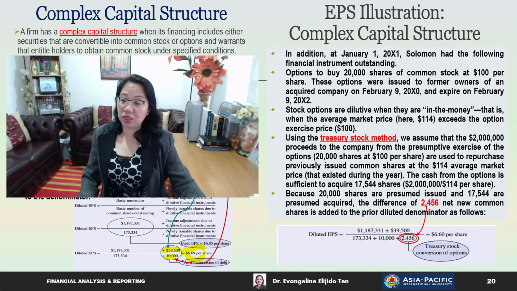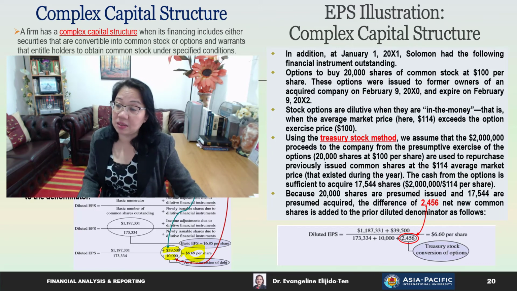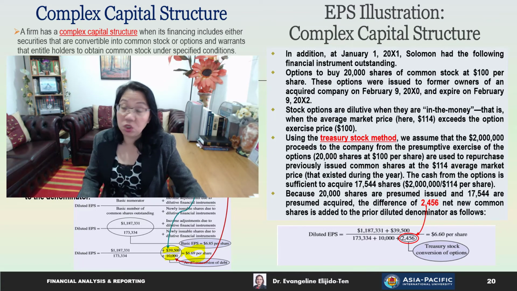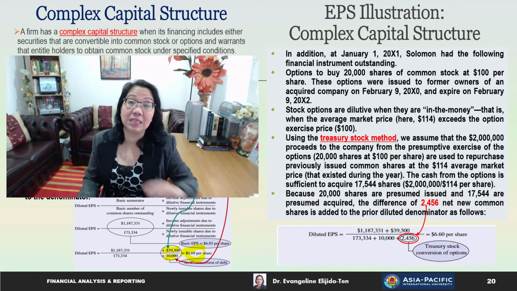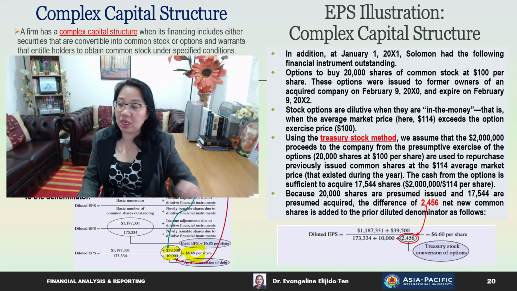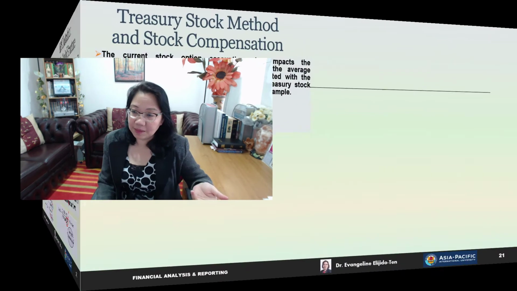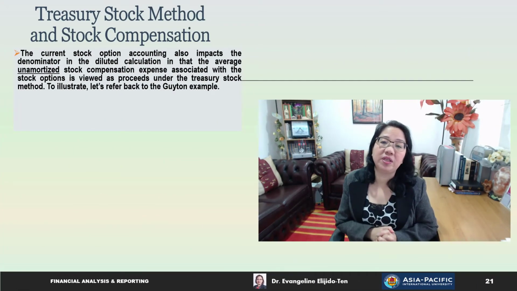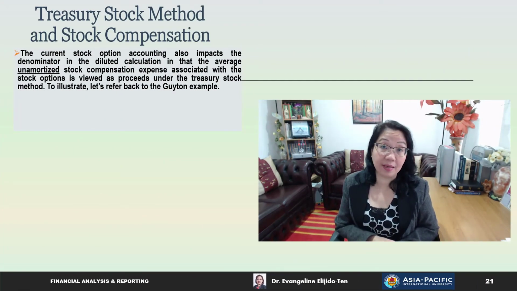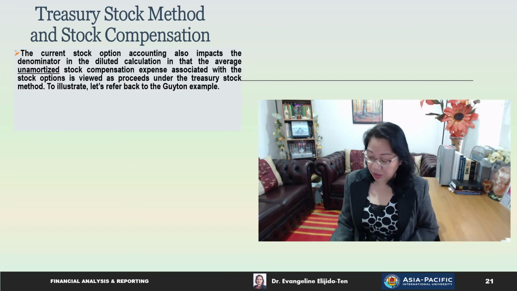So the calculation of diluted EPS will now be, numerator will still be the same, but we will have to add another 2,456 in the denominator. This would give us $6.60 per share. Let us examine further this Treasury stock method and the stock compensation.